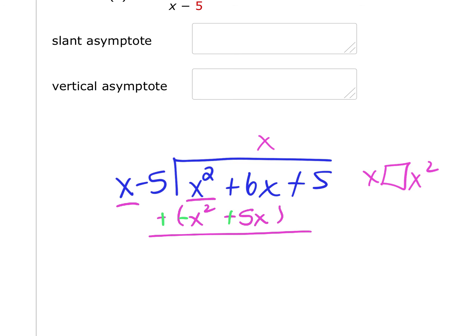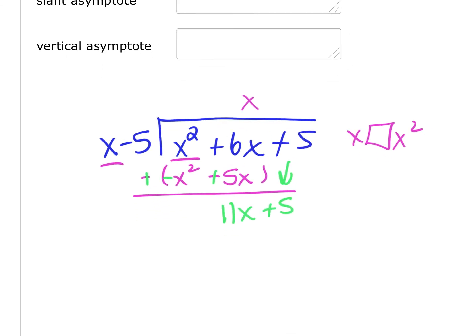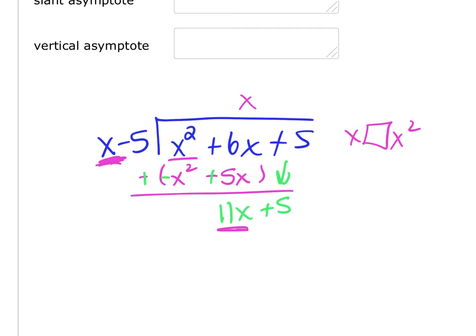If you forgot to distribute, you would have said 6 minus 5 is what? 1. So you would have told me your slant asymptote was y equals x minus 1. Is that the case? No. What is 6 plus 5? 11x. Bring down that 5. And now I say, all right, well, first term into first term, x times what gives me 11x? 11.